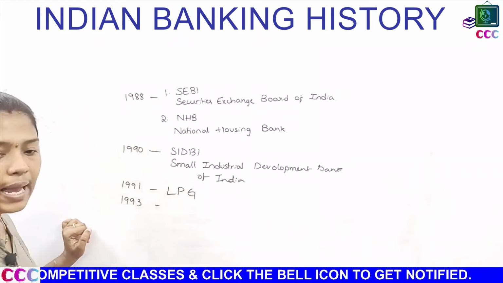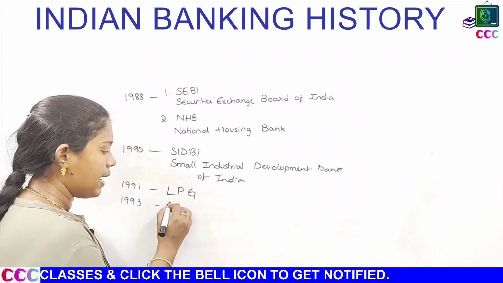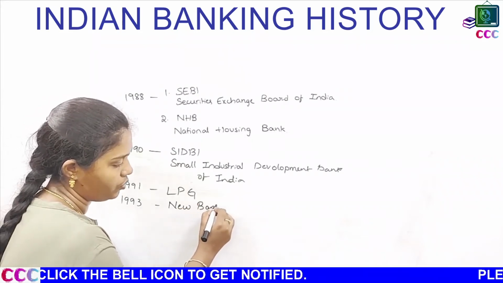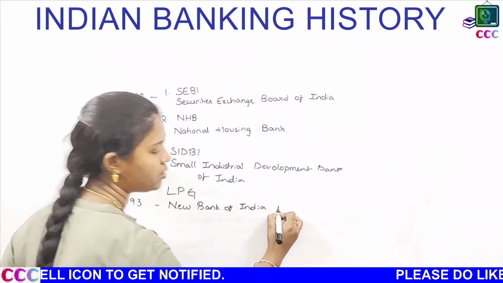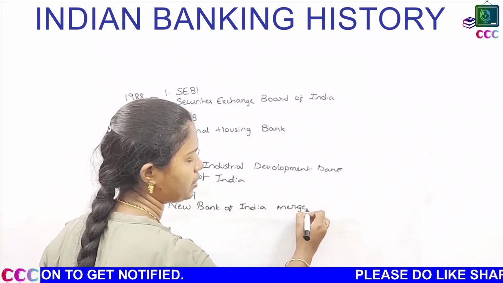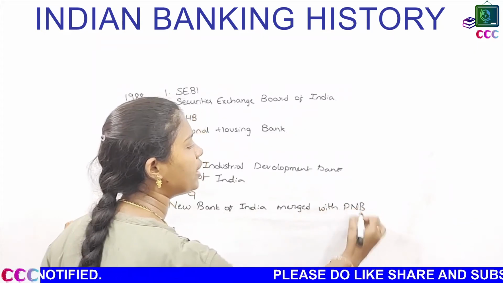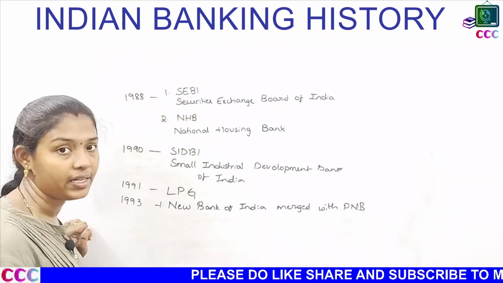So next, 1993. What happened in the year 1993 is that New Bank of India was merged with PNB, Punjab National Bank. This was the first important factor.